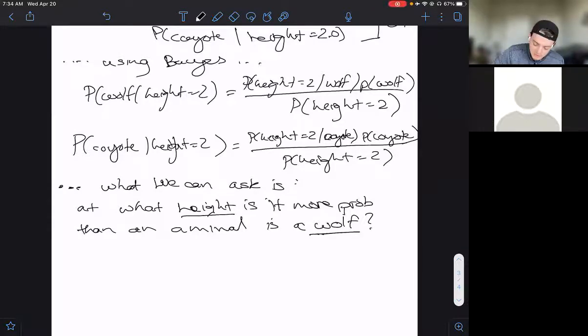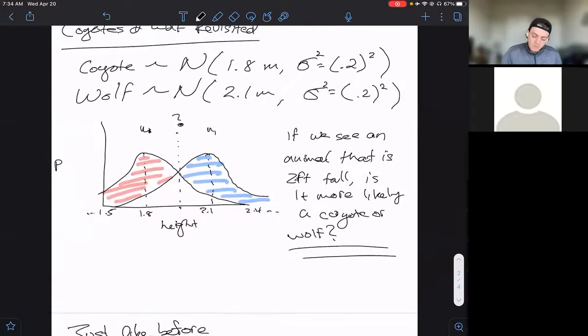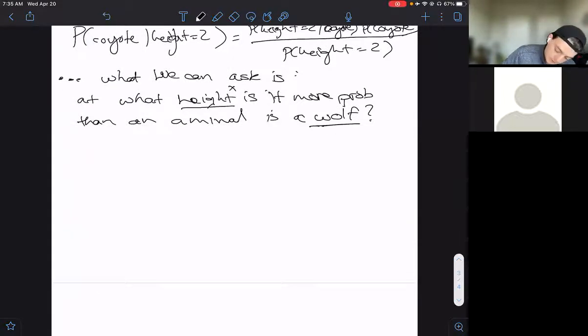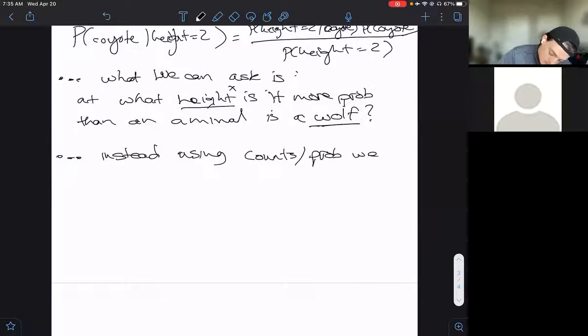And so we're finding a specific height x in the distribution space that we had just plotted right here. We're finding some x here such that after this x, it's more likely to be a wolf than a coyote. And so instead of using the exact counts, we can use probabilities, and directly use the formula.